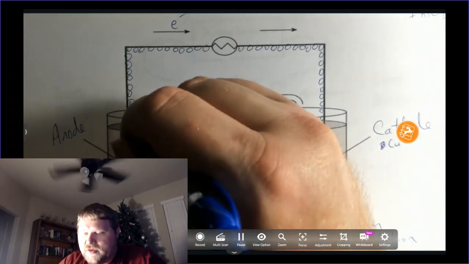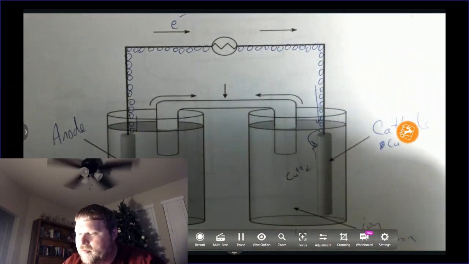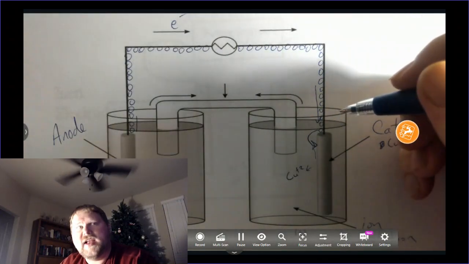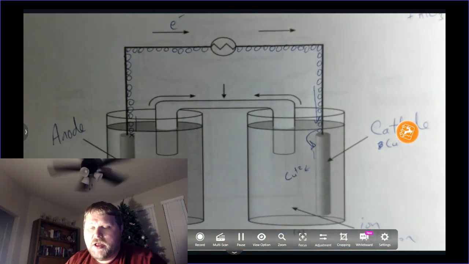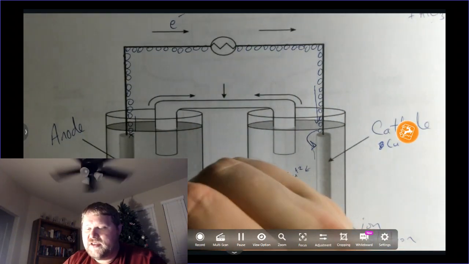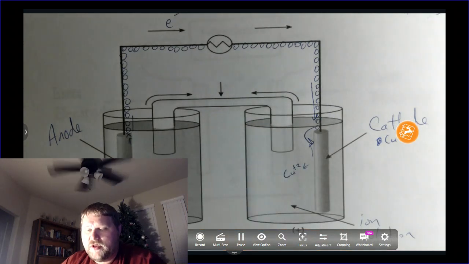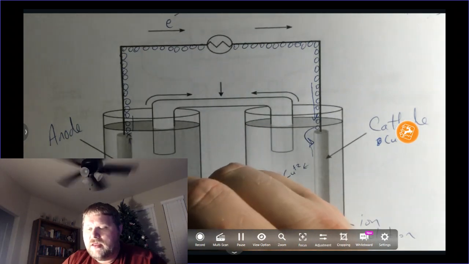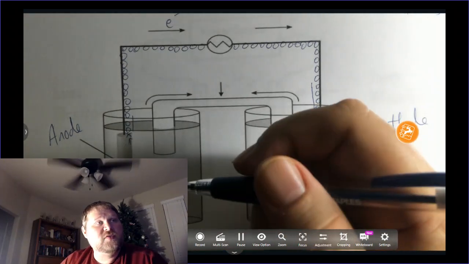And so what that does is it pushes all these other electrons, just sort of like ping pong balls in a row, to slide down to the next one. And that creates a vacancy right here. And that vacancy is going to be filled by an electron coming out of the electrode. And that is going to have to come from somewhere else.